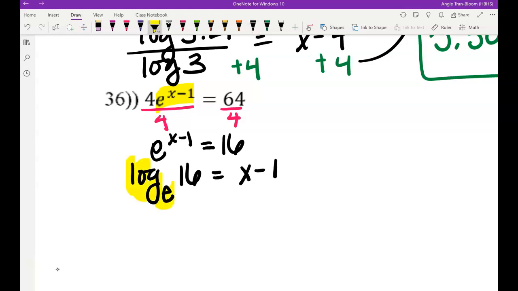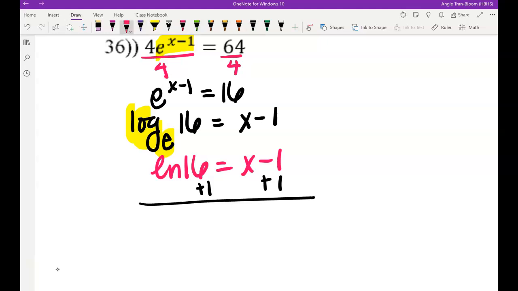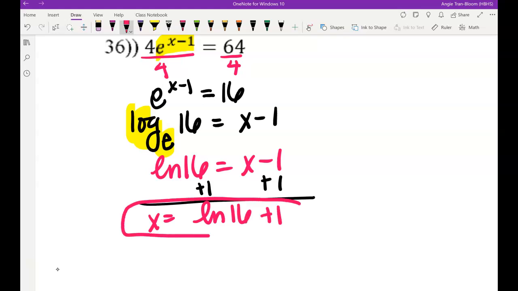Change log base e immediately, students, to natural log. So that's going to say natural log of 16, students, equals x minus 1. Then we are going to add 1 to both sides, just like that. And our final answer is going to say x equals natural log of 16 plus 1. And that is going to be our final exact solution.